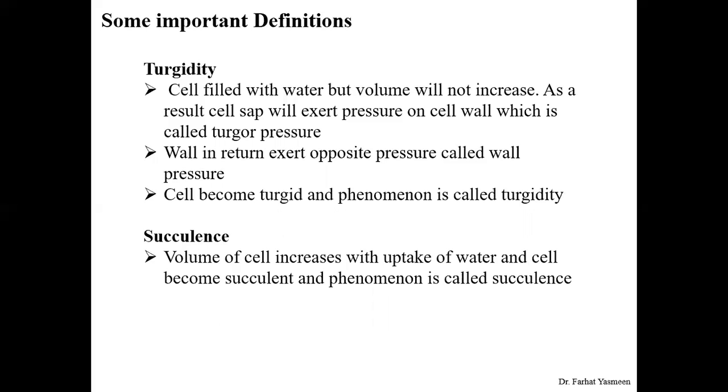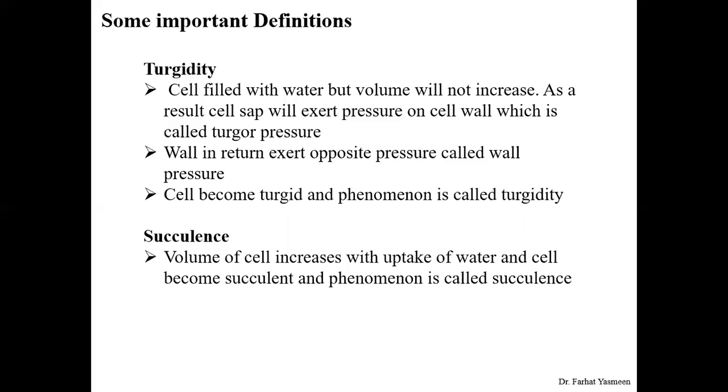While succulence is basically an increase in the volume of the cell with uptake of water, and the cell becomes succulent, and the phenomenon is known as succulence. You have already observed the phenomenon of turgidity in various plants. For example, herbaceous plants which don't have a woody stem stand erect because of the phenomenon of turgidity.